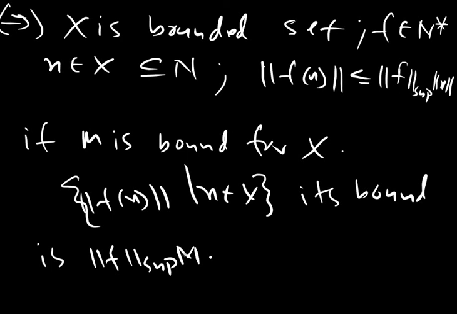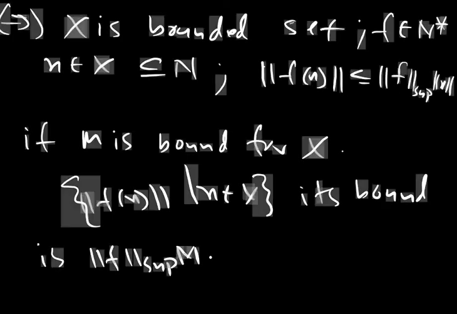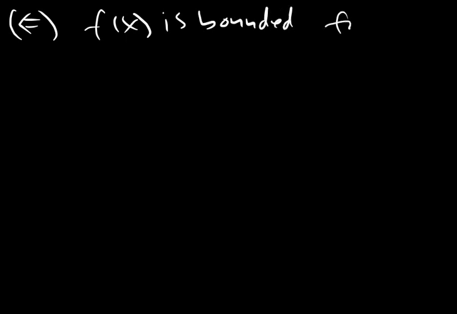Now let's prove the converse. That is, given that f of X is bounded for each f belonging to N star, we want to prove that X is bounded as a subset of N. So what we do is we look at N, N star, and N star star.